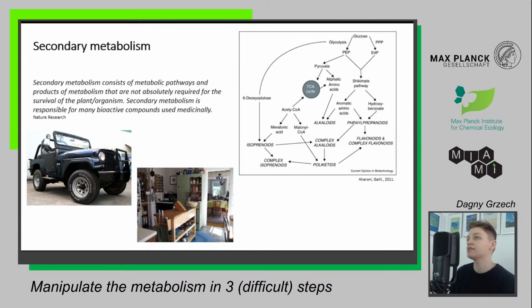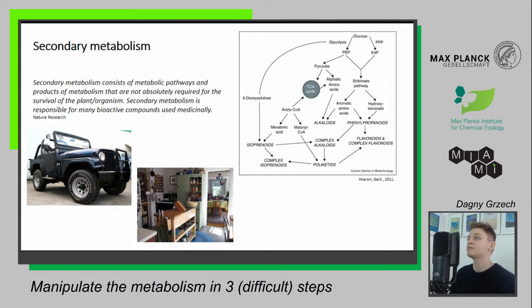And then I put this figure here, this scheme, which looks also a little bit complicated. But this is just to illustrate that secondary metabolism is actually tied to primary metabolism. And this bond is very important.